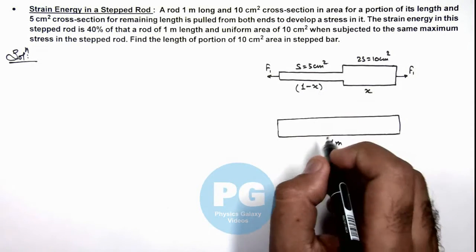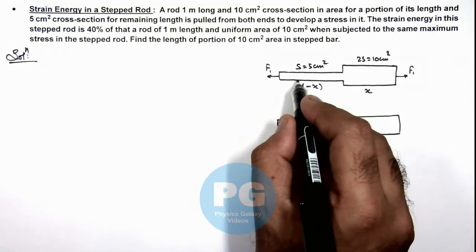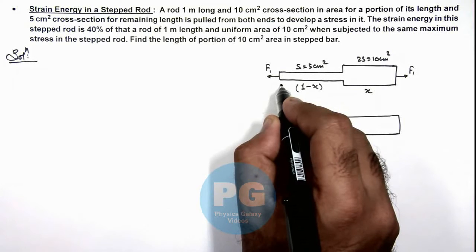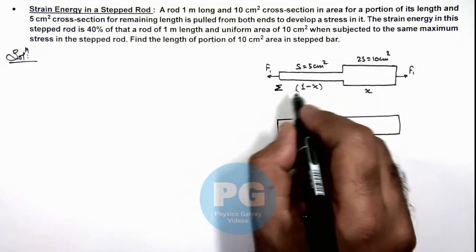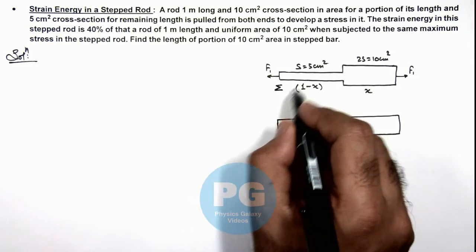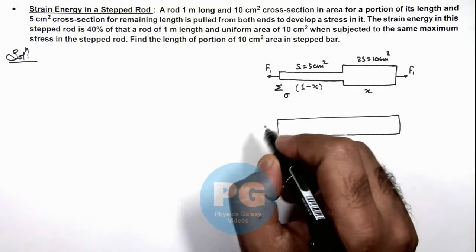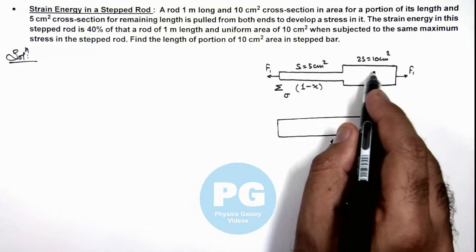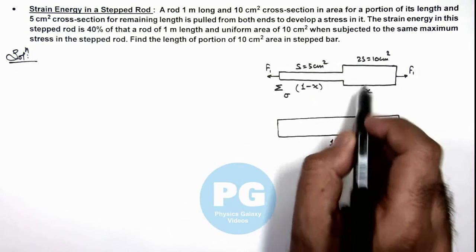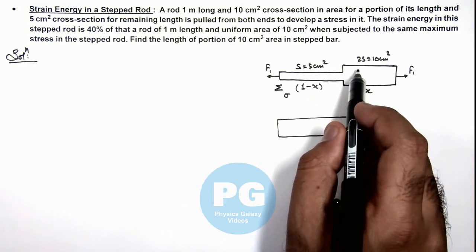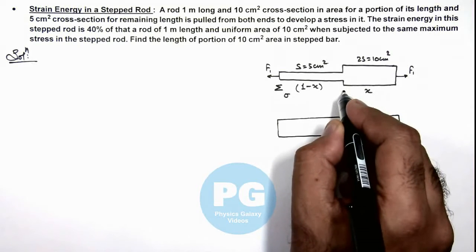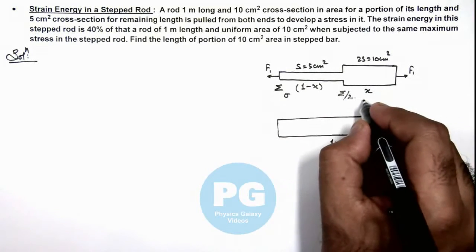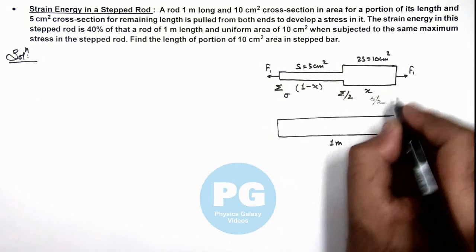So here we can write if in this small section we consider stress is sigma and strain is small sigma, then for the area when it gets double, we can say for the same force the stress reduces to half. So in this situation the stress will be sigma by 2, and obviously as Young modulus is the same, here strain will also be sigma by 2.